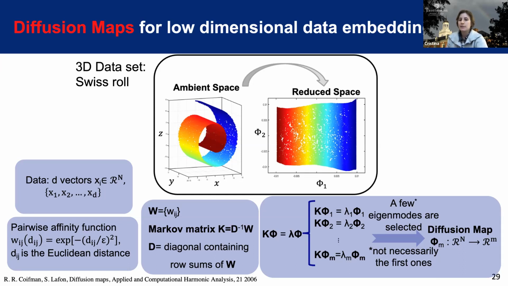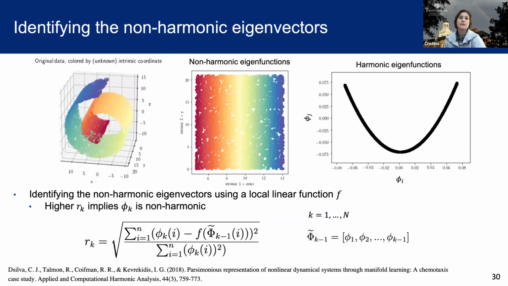Diffusion maps is the nonlinear counterpart of POD. With POD, what we do is retain the first dominant modes. Here, they are not necessarily the dominant ones, but the non-harmonic ones. But what is this term of being non-harmonic?